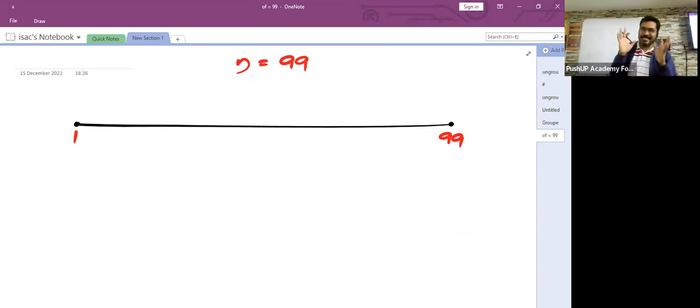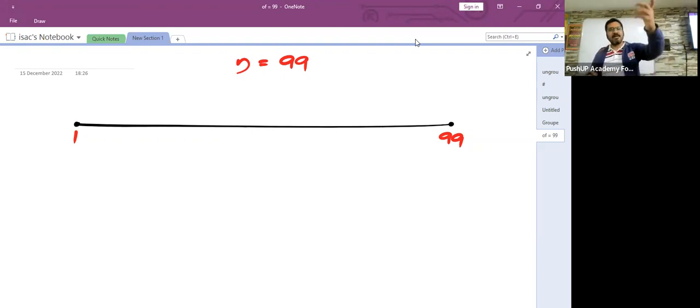Class 10 students, I'm asking you, which number will come in the middle of 1 and 99? 50, isn't it? Such a simple question I asked. Children, which number will come exactly in the middle of 1 and 99? It will be the number 50, isn't it?